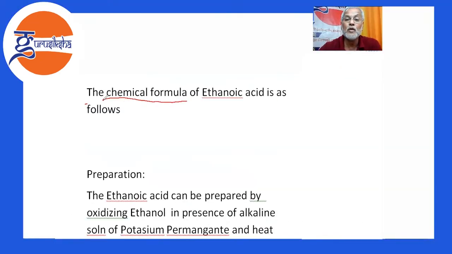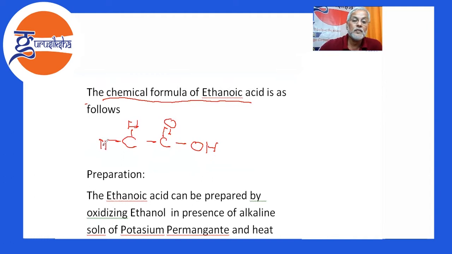The chemical formula of ethanoic acid is as follows: C dash C dash OH, then a double bond with O. This is the form of carboxylic, and this is the CH3, C with one bond H, and other bond H.